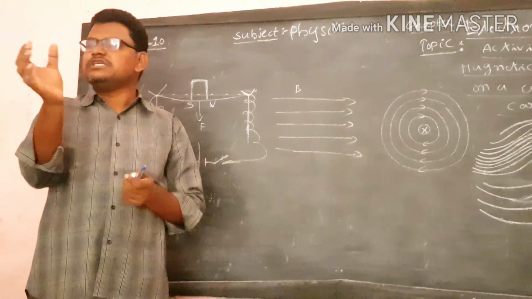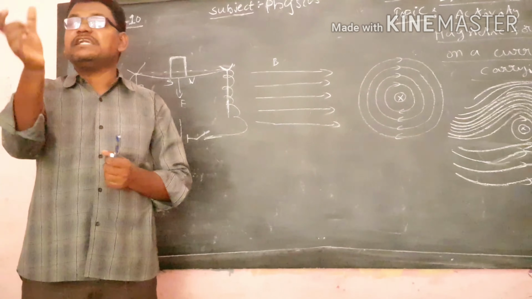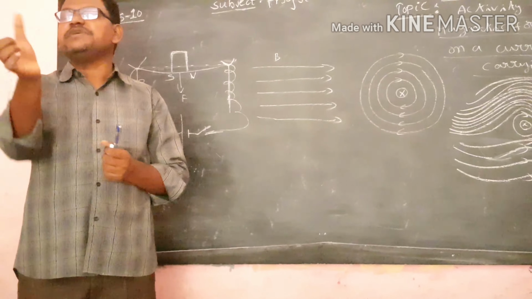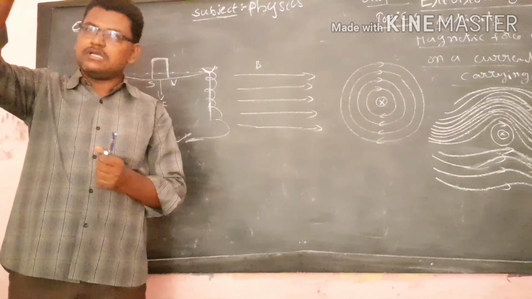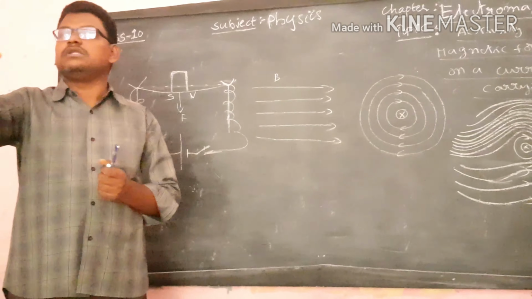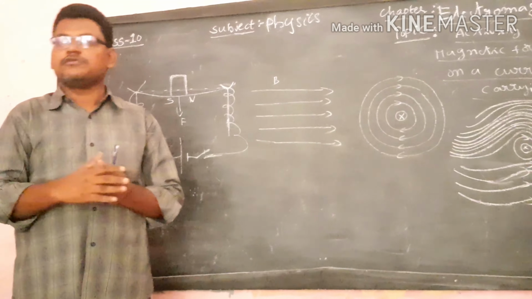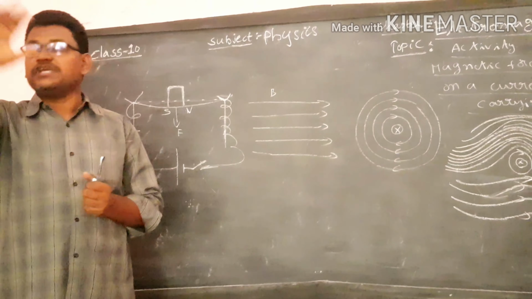Because of this non-uniform magnetic field, the current carrying wire experiences a net magnetic force from the strong magnetic field to the weak magnetic field.